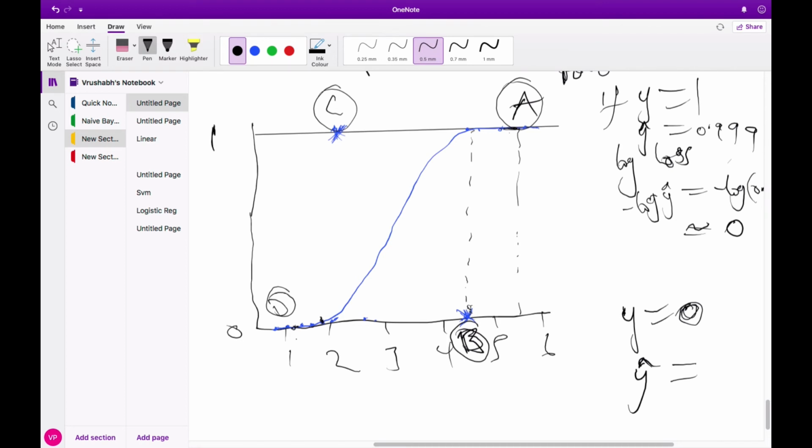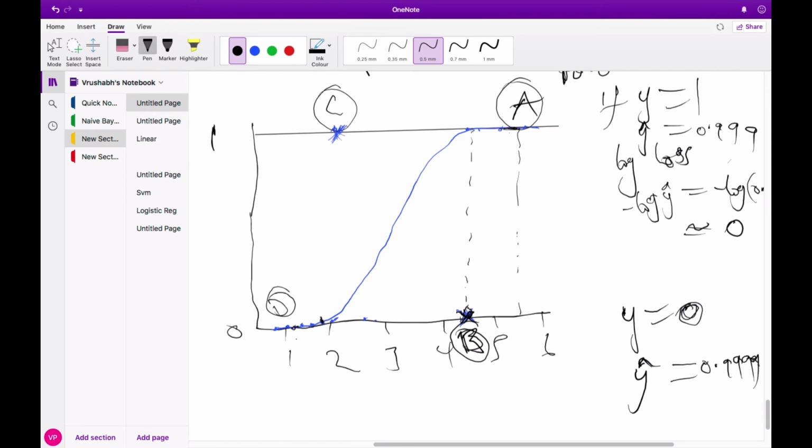If a data point comes in and lies here, that's a new student who studied for say 4.5 hours. If we trace it to our sigmoid curve, it's going to say that that person passed, which is closer to 1, more like 0.999.